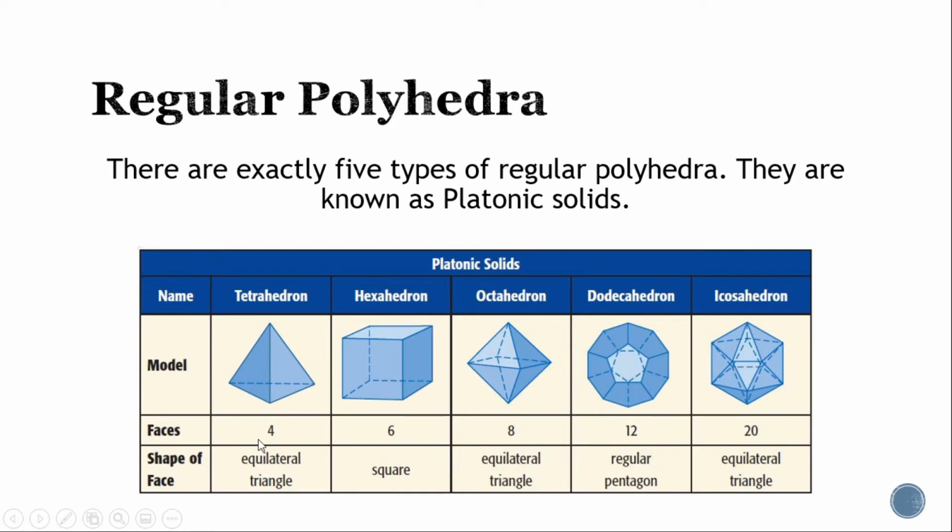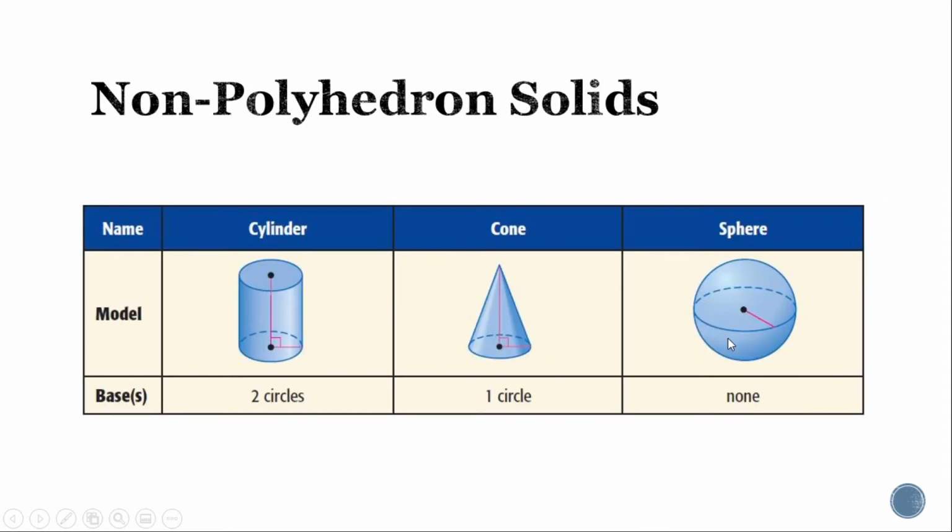Now notice, the shape of each face is an equilateral triangle, a square, an equilateral triangle, a regular pentagon, and then an equilateral triangle. So actually, a lot of these are made by equilateral triangles. And in fact, these Platonic solids are pretty useful for other math purposes.